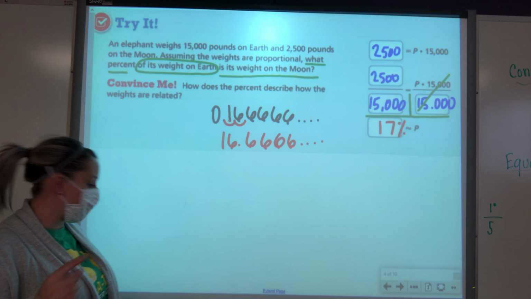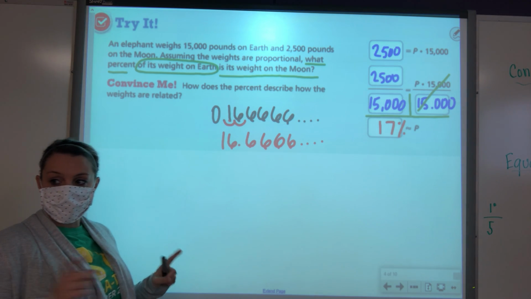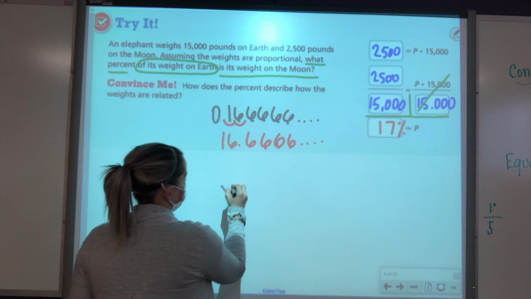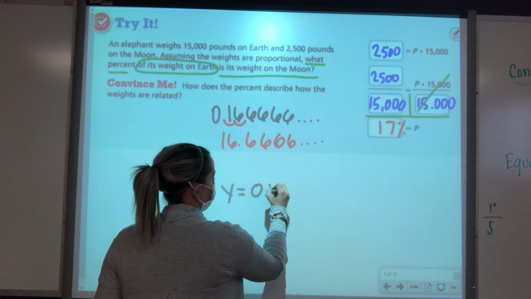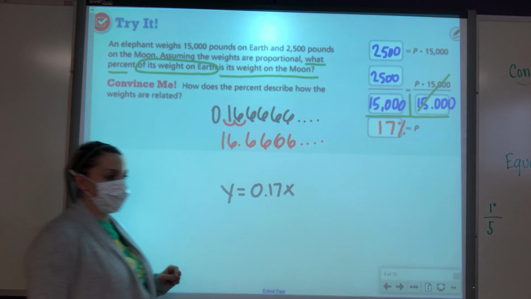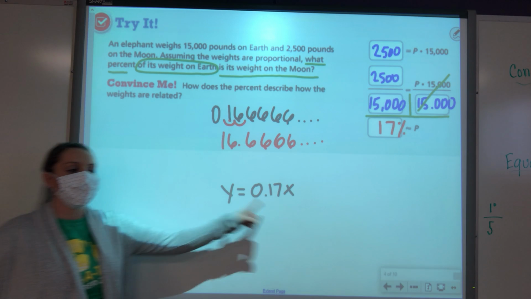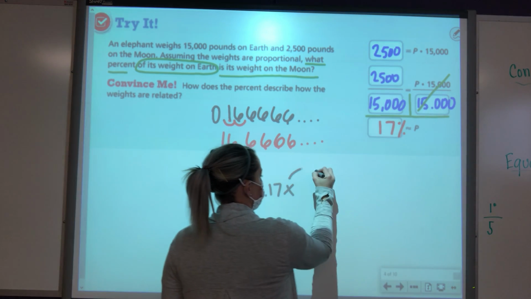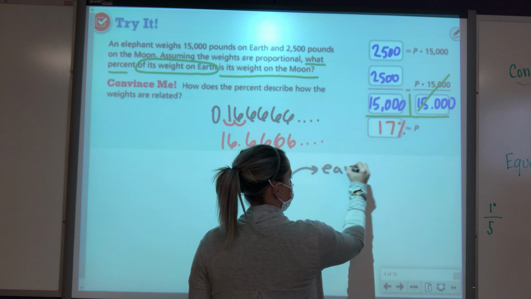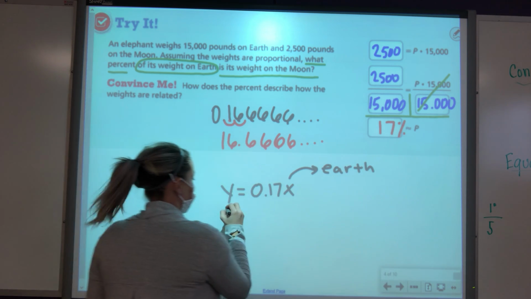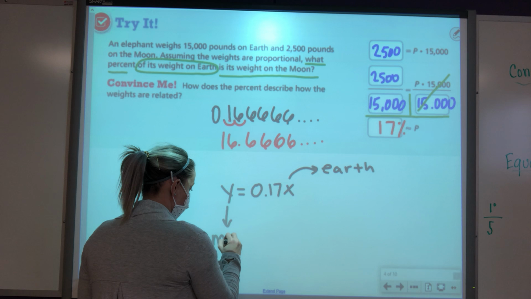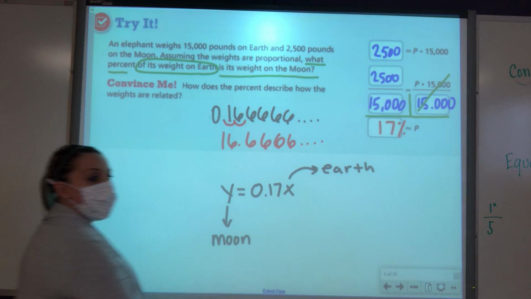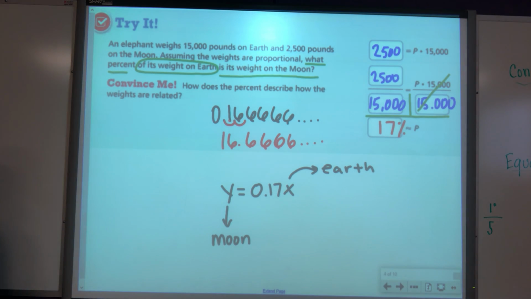So that means that our relationship for our weight is y equals 0.17x. That's our weight on the moon. Okay? So this is our weight on Earth. So then this would be our weight on the moon. So it's a proportional relationship. You can find your weight on the moon by using this relationship.